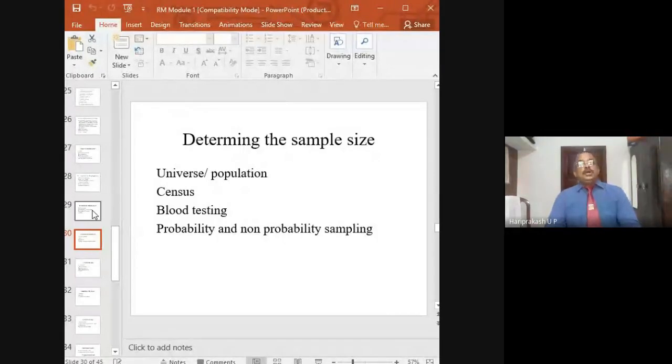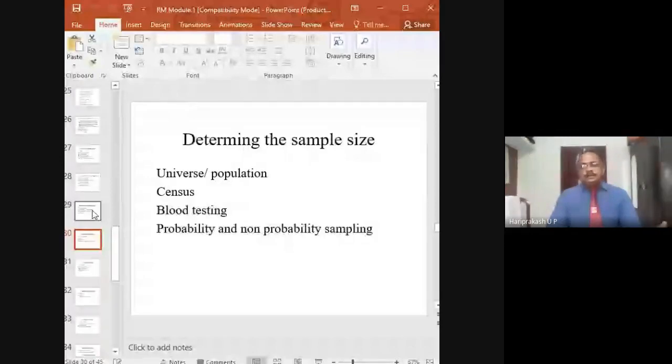Maybe you want to study the employee satisfaction of SBI bank in Hampankatta, Mangalore branch. Employee satisfaction you want to determine. So there you can collect from each and every employee.